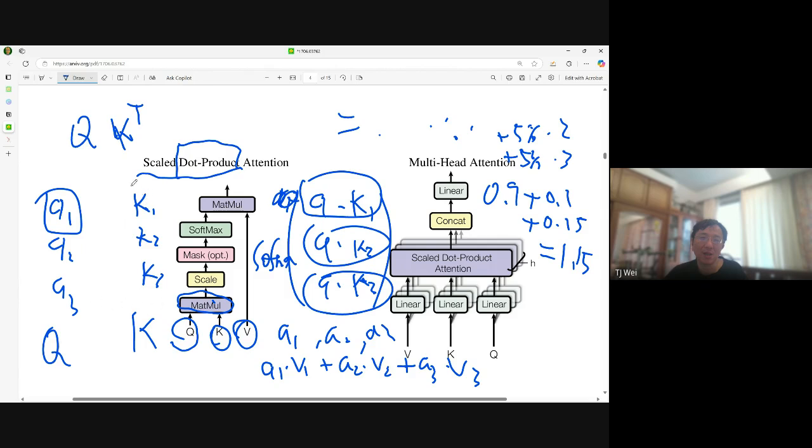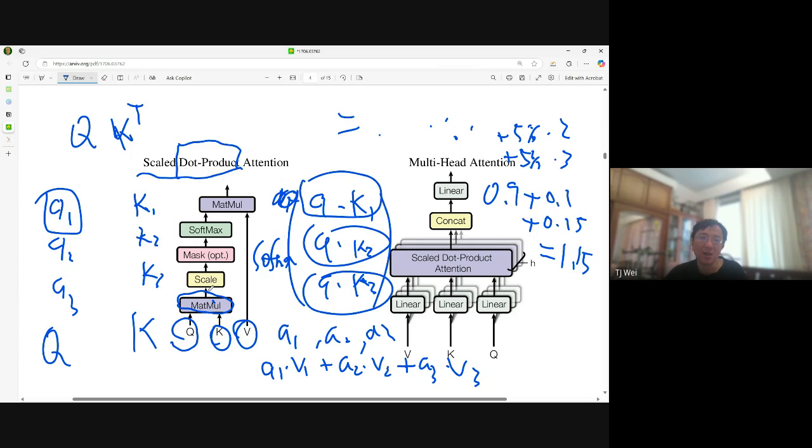For the output, the length is the same as the query length, but the dimension of each vector is the same as the vector of V. Okay, so that's the basic idea of what dot product attention is.